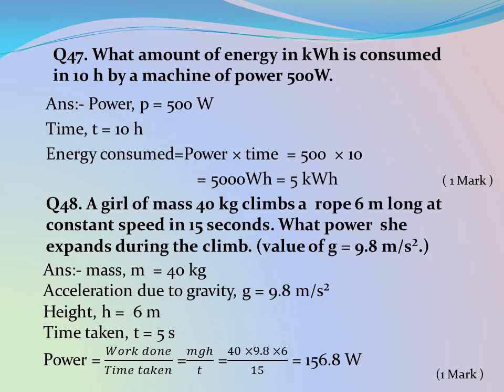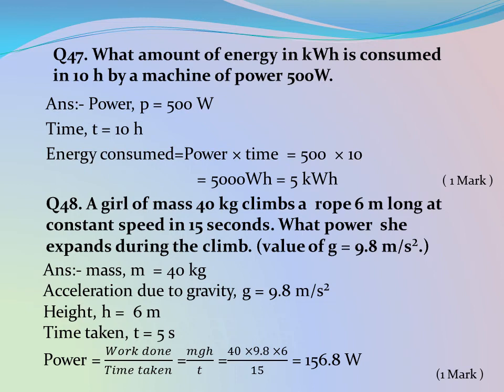Question number 48. A girl of mass 40 kg climbs a rope 6 meter long at constant speed in 15 seconds. What power does she expend during the climb? Value of g equals 9.8 meter per second squared. Answer.